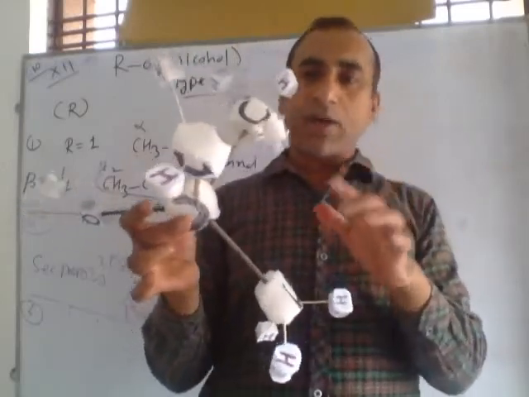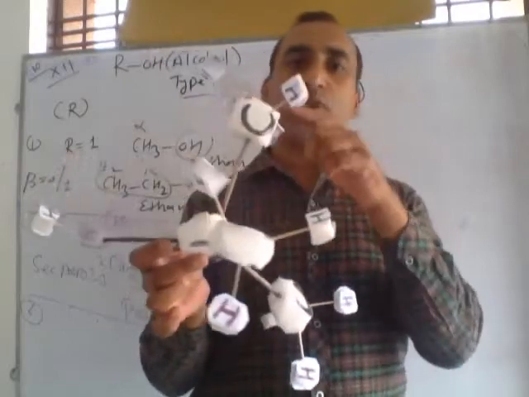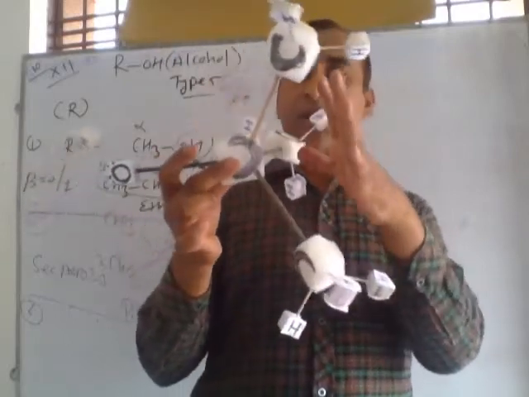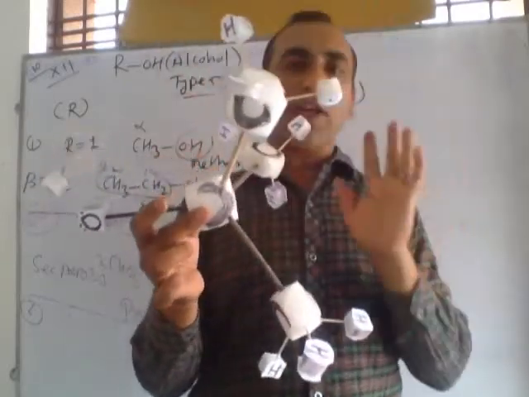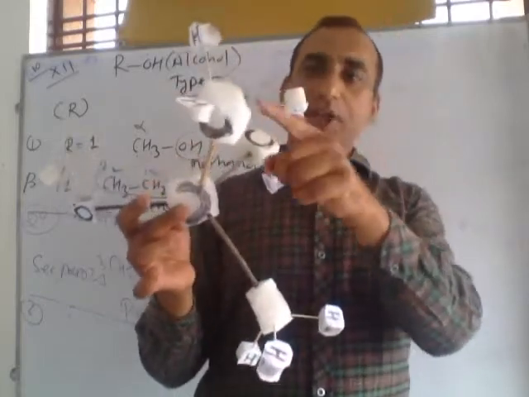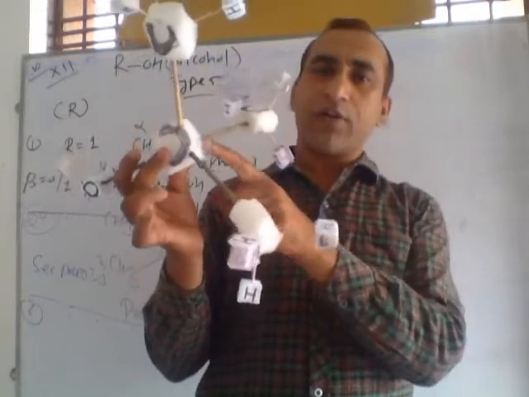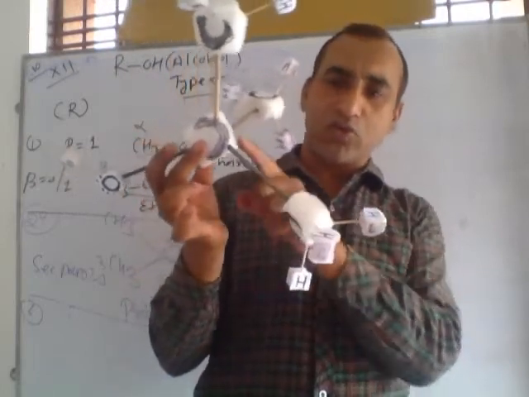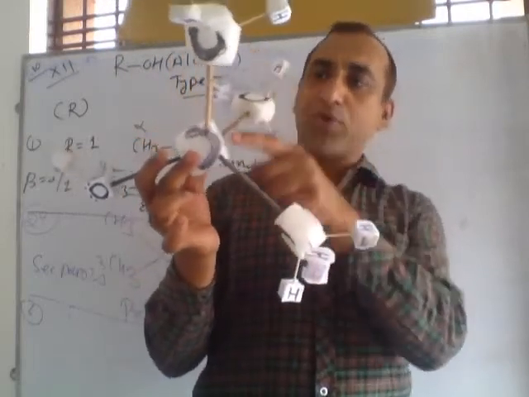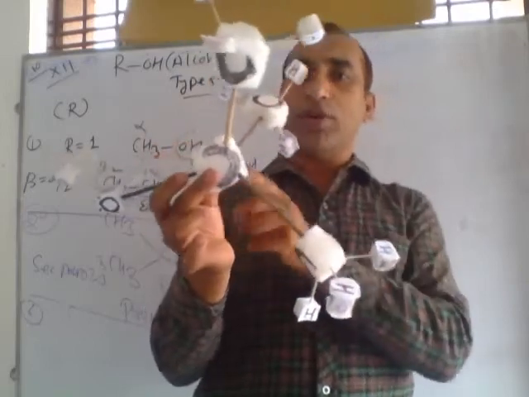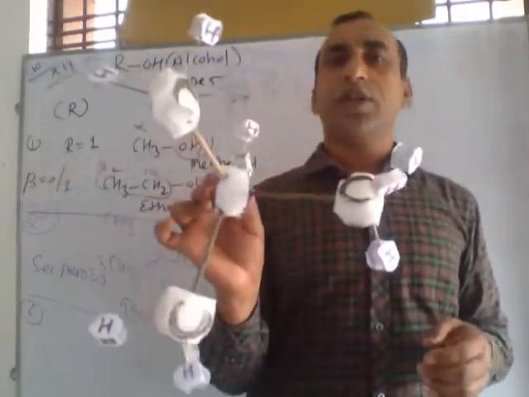So total carbon are 4: 1, 2, 3 and 4. This is called tertiary butyl alcohol. Chain 1, 2, 3, and this is CH3. So on second carbon this is CH3, so we can say 2-methyl propane 2-ol in IUPAC system. This is tertiary.